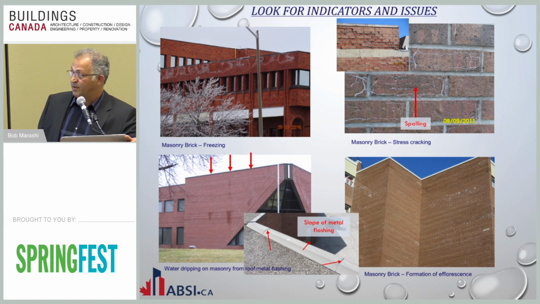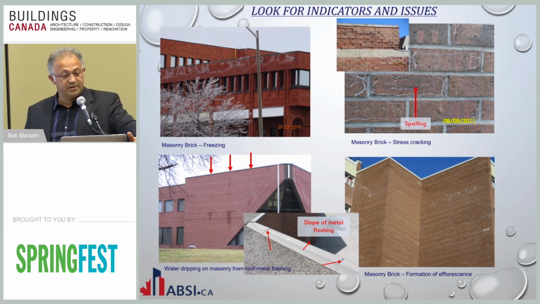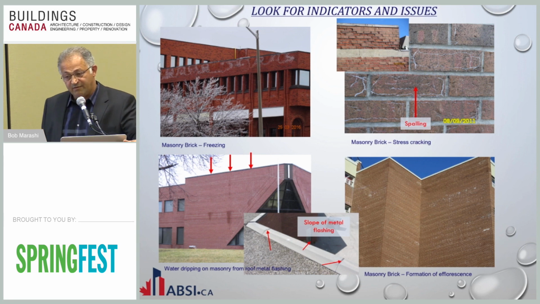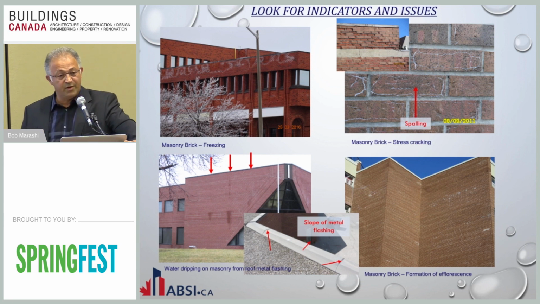It drips on the wall, it freezes on the wall, and it damages your brick. It causes freeze and thaw cycles that spoil your brick, and you get that at the end. Also, if you see any signs of efflorescence on your wall, that means there's water in there.